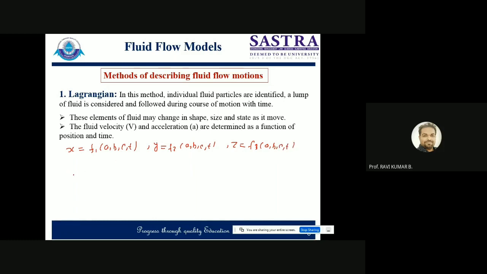So if you are going to calculate the velocity, if you say u, that will be nothing but, at that instant, directly you can say dx divided by dt is my u. Similarly, v is nothing but dy divided by dt. And w you can also write in total form as dz divided by dt.